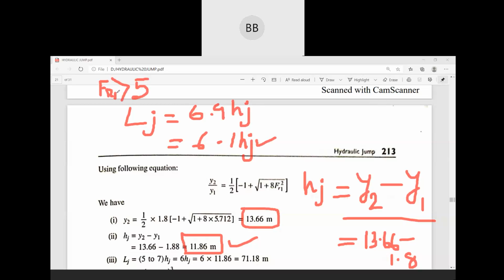Or if it's less than 5, then we are going to use the other one. In our case, in this numerical, we got Fr1 greater than 5, so we are going to use 6.1 hj, or you can say 6 hj. It's up to you.